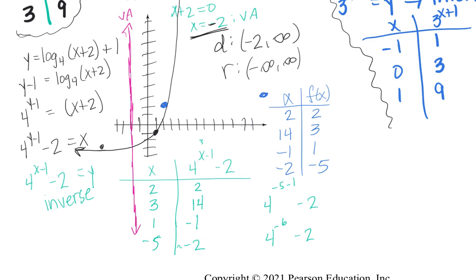Negative 1, 1. And then negative 2, negative 5 is down here. So this one's going to come in like this. You can see the points are just mirror images of each other.